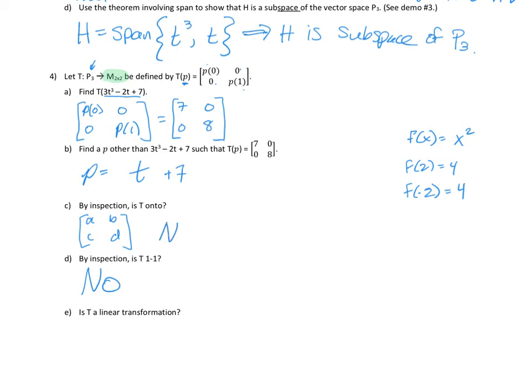The answer is no, because of these zeros. You're always going to have zeros in those 2 spots. You can't build any 2 by 2 matrix, because I could say, build me 1, 1, 1, 1. That is not an output from T. And there are many others that you can't build.